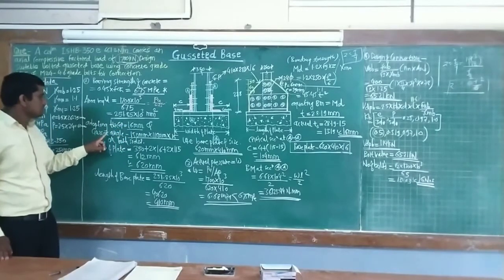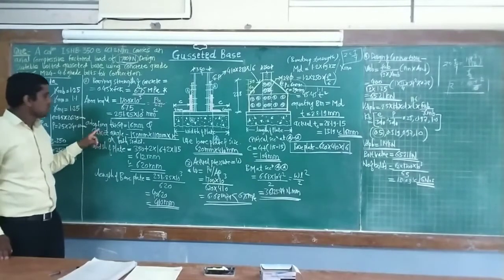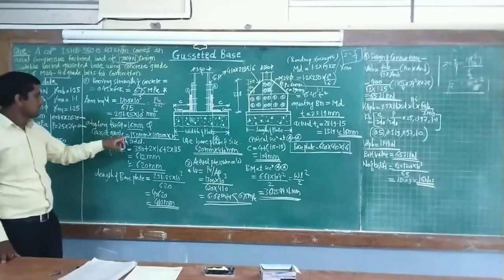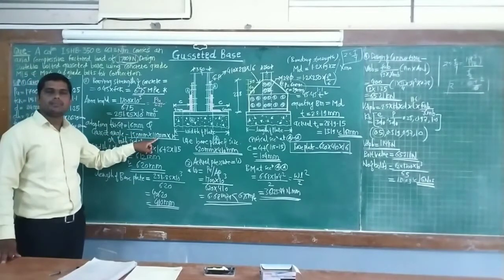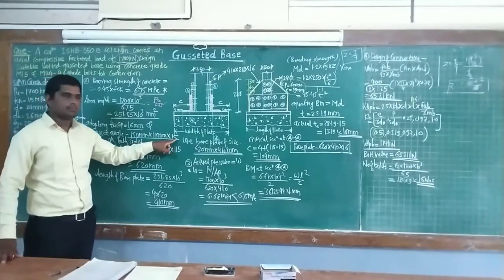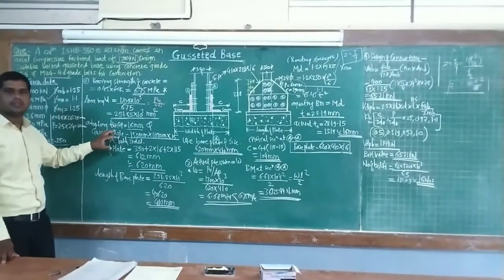Then the gusset angle. Whatever gusset angle we are going to use, we choose from the steel table, either an equal or unequal angle section.